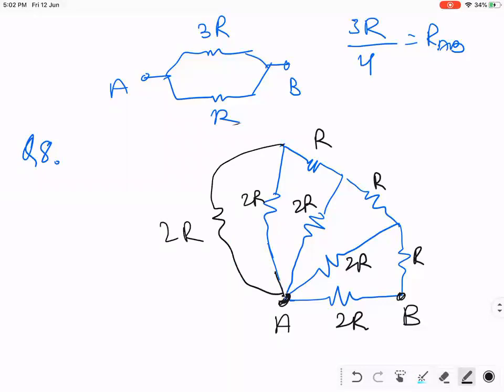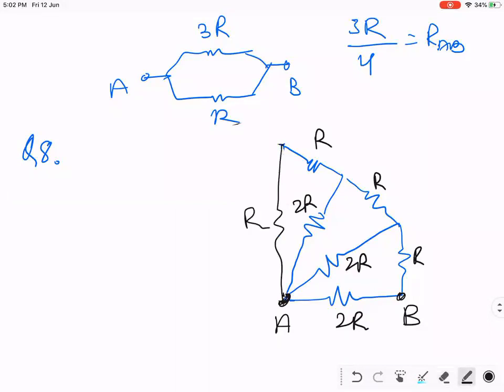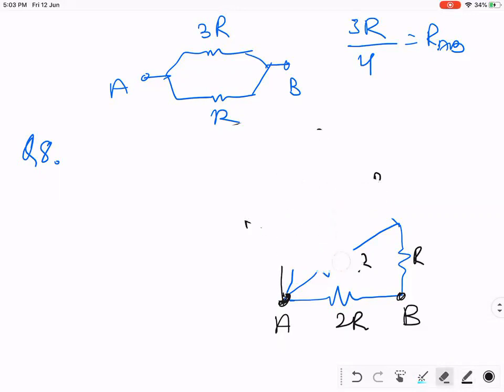R. So back to the R. Now R and R will become 2R again, right? And then 2R again, R, then R, then 2R again, R. Whoa. So we got R ohm here. R and R again.